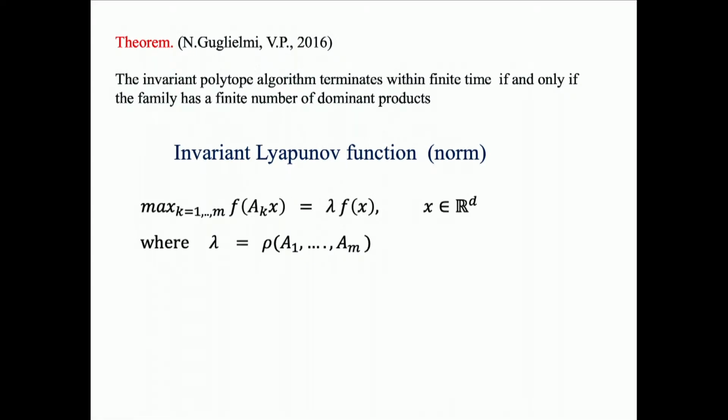What about the invariant function? Because this polytope is not a norm yet. It would be a mistake just to take the Minkowski norm of this polytope. For the invariant function, we need to first compute the polar of this polytope, and then pass from our original matrices to the transpose family of matrices.